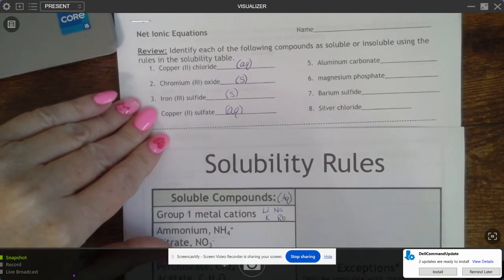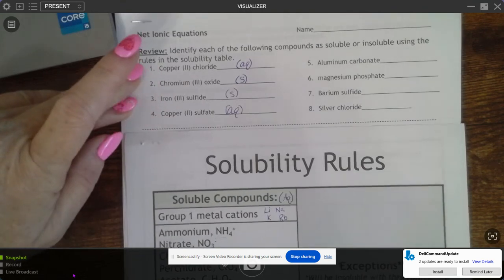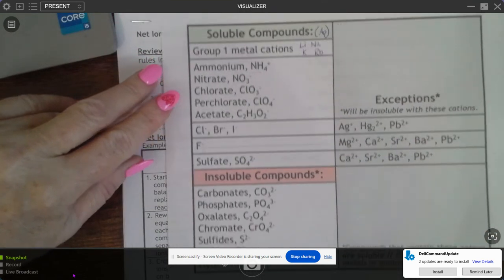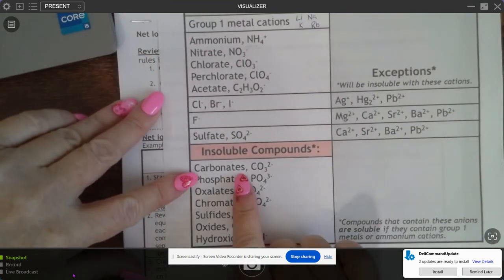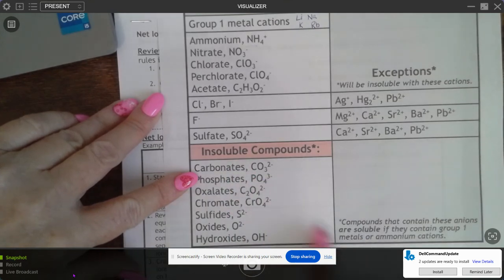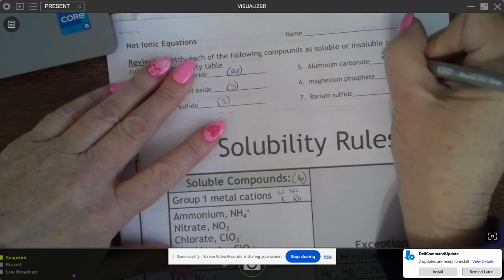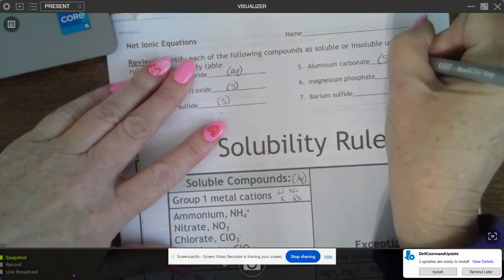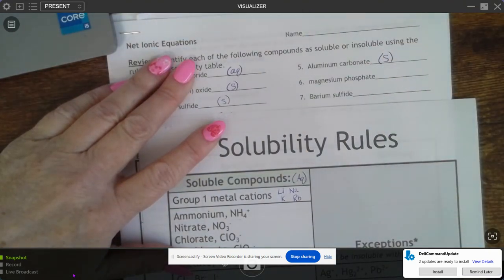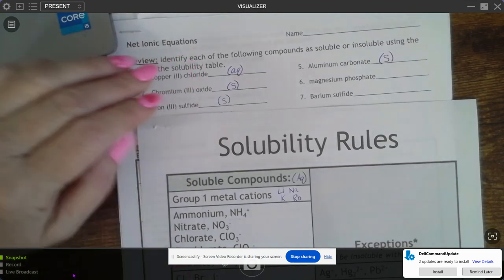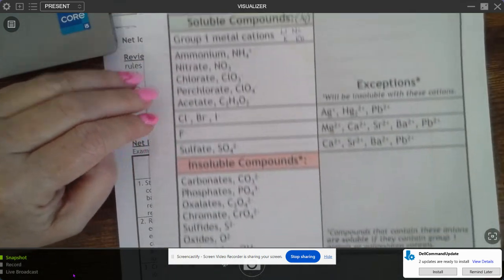Aluminum carbonate. If we look at our list, carbonates are insoluble. So aluminum carbonate would form a precipitate, is what we call it. It's a solid, insoluble. Magnesium phosphate.